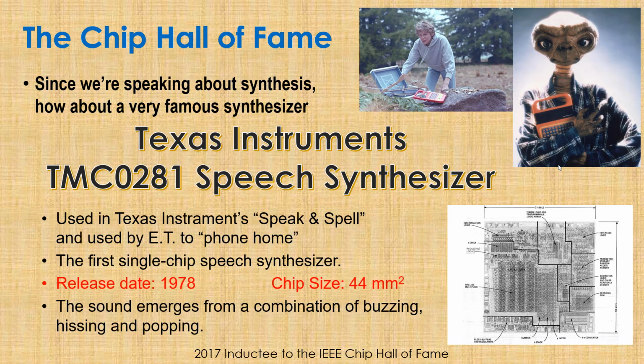In other words, putting in some sort of a word and having a machine make the sound. But eventually, in the late 70s, they were able to do this with different speech synthesis chipsets. And the 0281 was the first single chip speech synthesizer, and it became very popular.